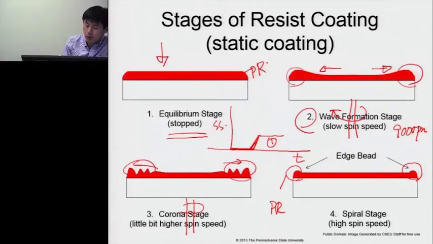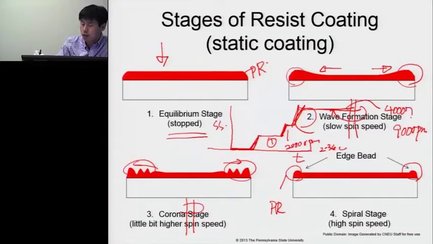Then we quickly increase the speed to about 2000 RPM for about 2 or 3 seconds, and then we increase the spin speed to the final speed, about 4000 RPM or higher.